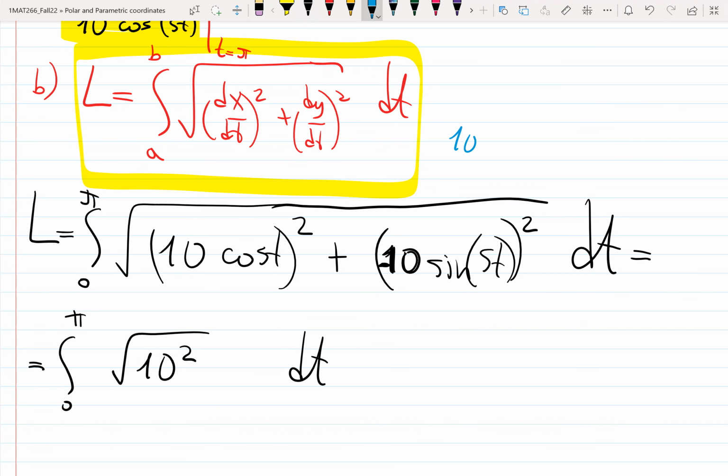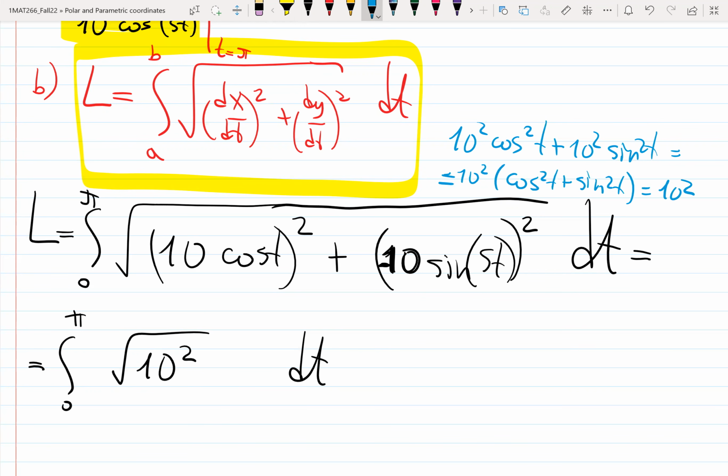I have 10 squared cosine squared t plus 10 squared sine squared t. Factoring out 10 squared, it gives you cosine squared t plus sine squared t. But cosine squared t plus sine squared t is 1. So it's just 10 squared, but everything is inside of the square root.